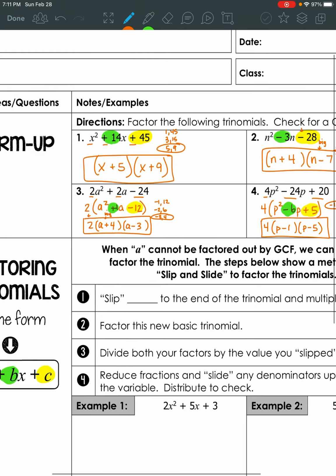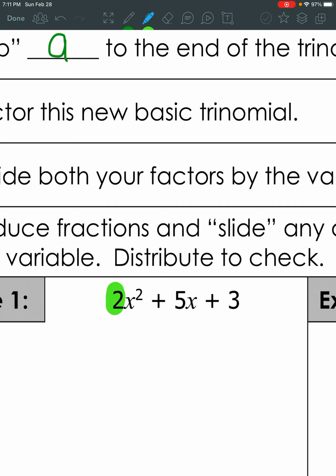Step 1, we want to slip the a value, whatever that a value is, to the end of the trinomial and multiply it by the c value. So for example, in 1, our a value is 2. We're going to slip that a value to the c term, 3, and multiply them.